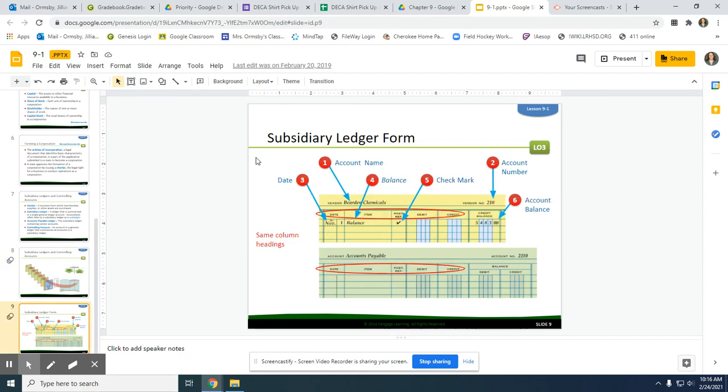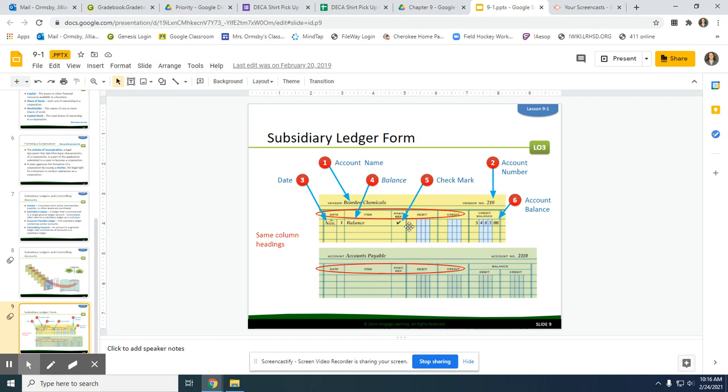Now, when we are setting up a subsidiary ledger form, what we are going to do is put the date, the account name up here at the top. So it's just going to be the vendor name, the word balance, a check mark, and then the account number, and then the account balance. The account number is going to typically be smaller than the other accounts payable accounts.